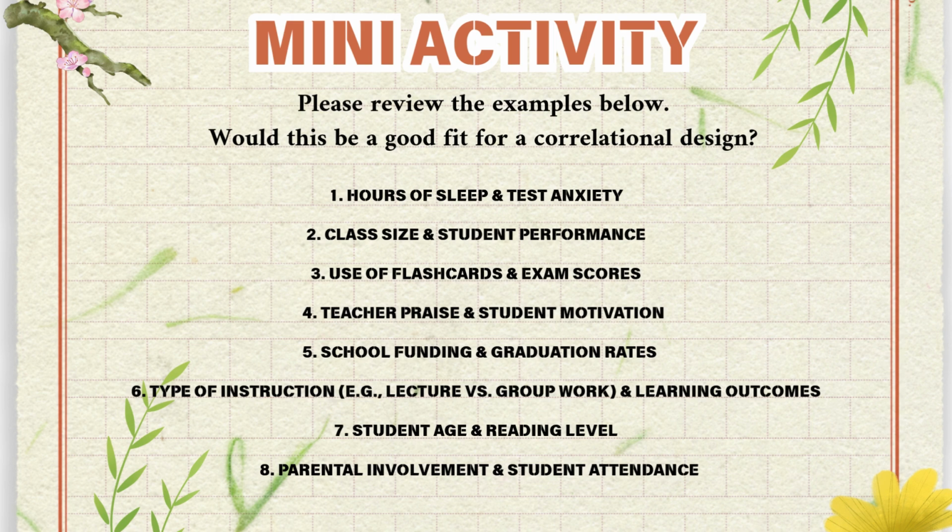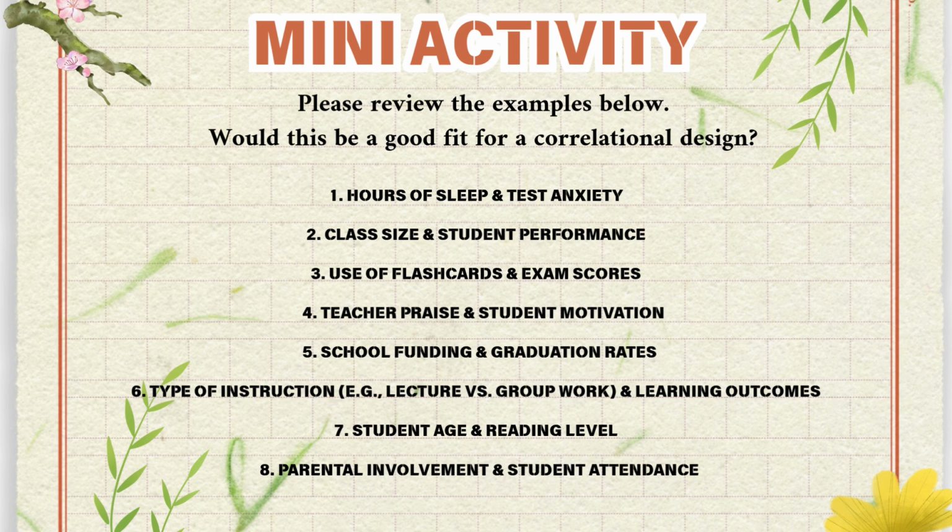Number five is school funding and graduation rates, and this is correlational because you can compare the funding levels across schools and their graduation rates. It helps you identify patterns, but it doesn't prove that funding causes graduation. Number 6 is type of instruction, like lecture versus group work, and learning outcomes.